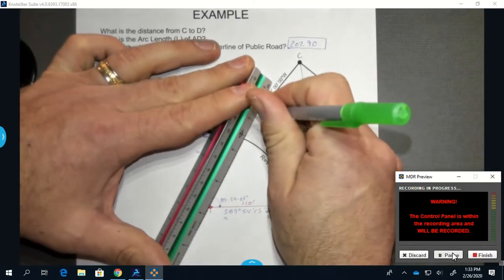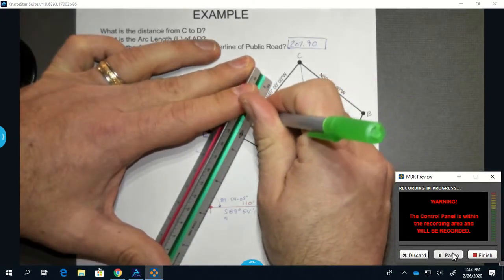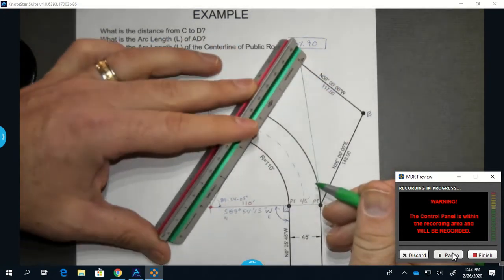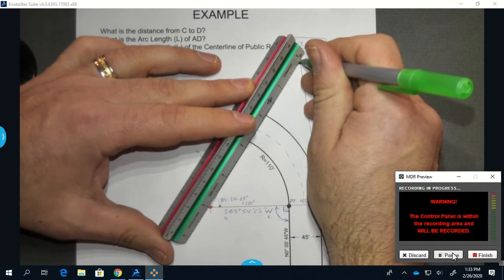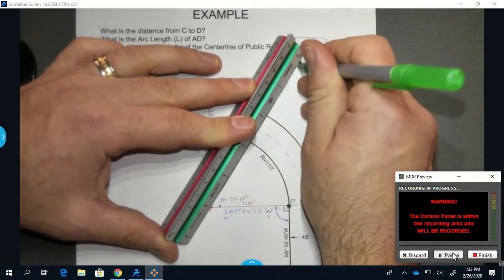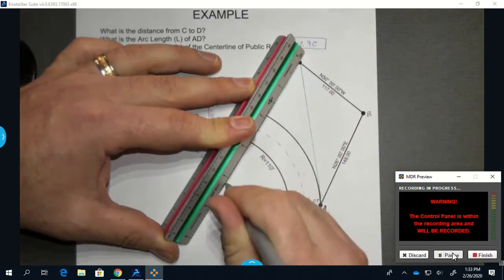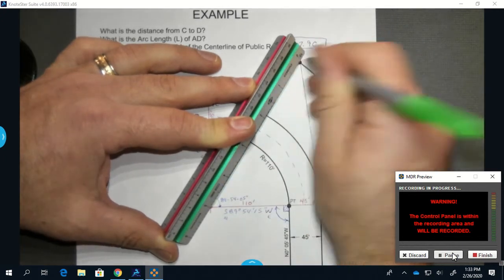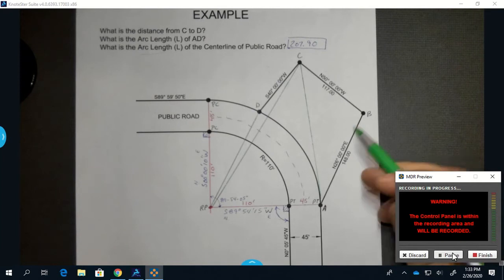I'm also going to break this down into another triangle that we're going to solve. The pen doesn't like this table. All right, so these are the triangles we're going to solve. We have 3 of them. The green doesn't show up very well on the screen.